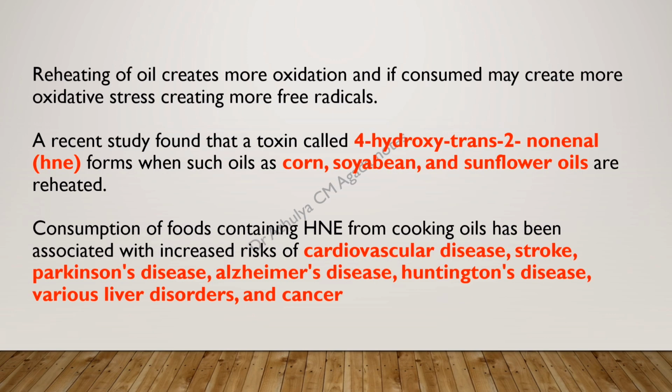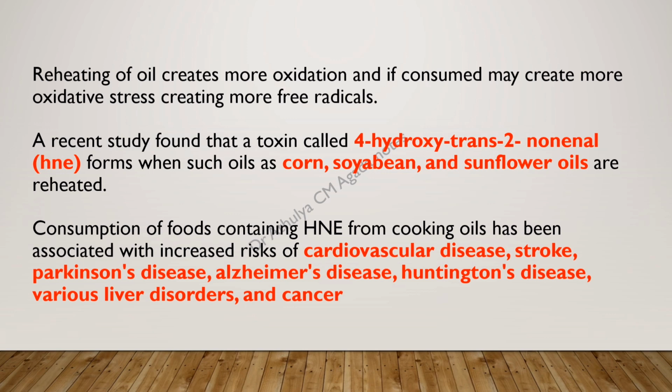We have seen the concept that reheating of the oil creates more oxidation, and if consumed may create more oxidative stress, creating more free radicals. A recent study found that a toxin called 4-hydroxy-trans-2-nonenal, in short form HNE, forms when oils such as corn, soybean and sunflower oils are reheated.